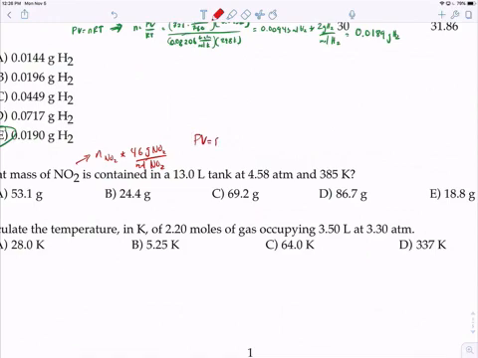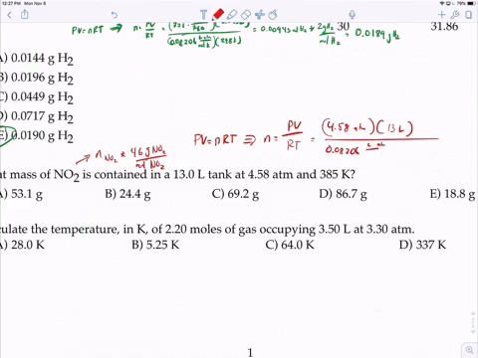So PV equals nRT, which means n is PV over RT. So we have 4.58 atmospheres, volume 13 liters, 0.08206 liter atmosphere per mole Kelvin, 385 Kelvin.